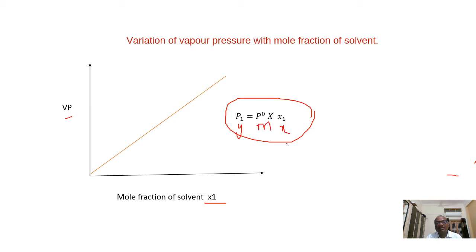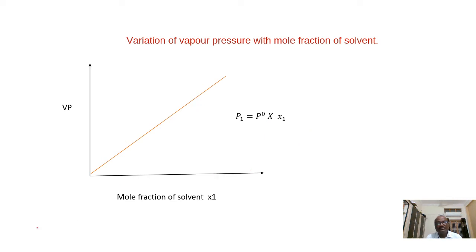So on the x-axis mole fraction of solvent is taken, on the y-axis vapor pressure is taken. It gives a straight line passing through the origin. The slope of the straight line is equal to P naught. It shows the variation of the vapor pressure with the mole fraction of the solvent. As the mole fraction of the solvent increases, vapor pressure also increases.